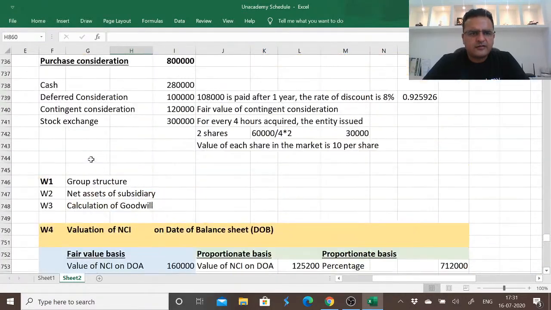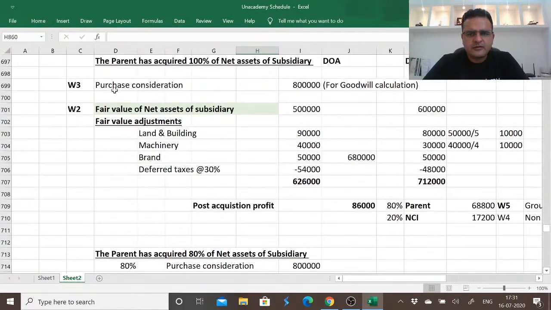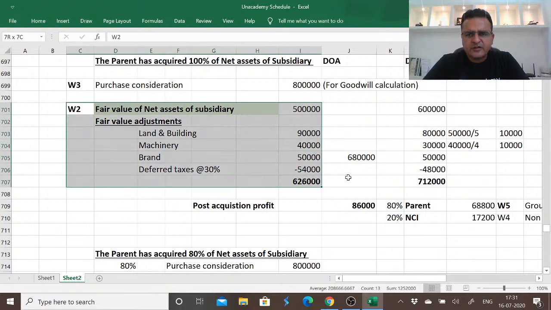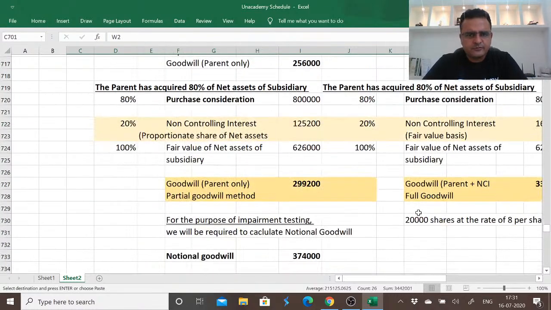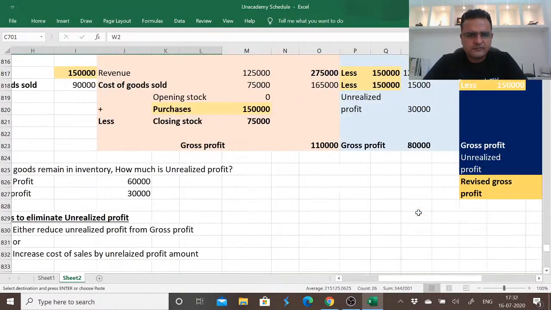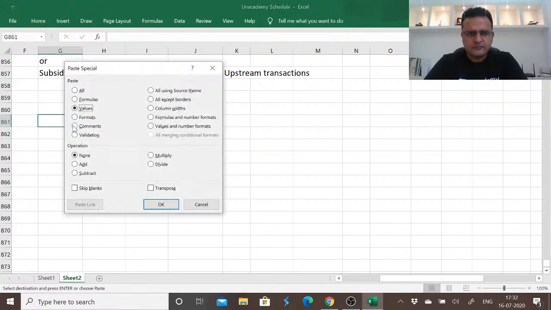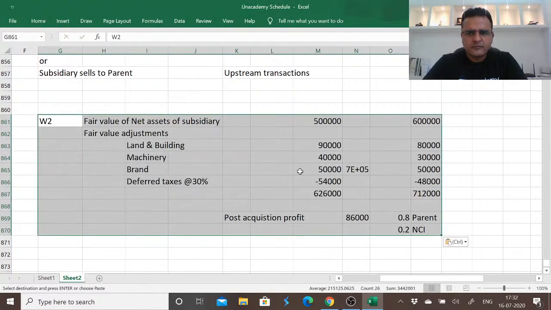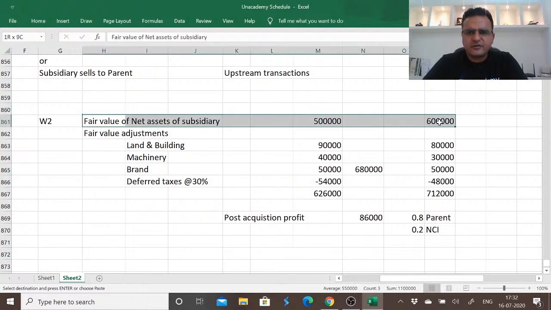Those two workings are: one is working note number 2, that is fair value of net assets of subsidiary.